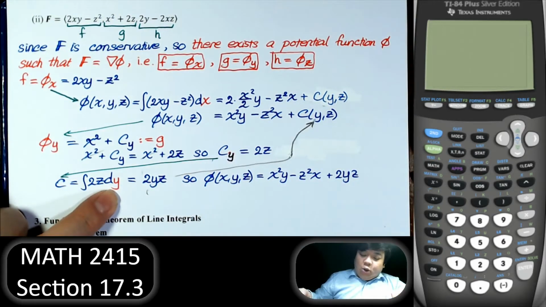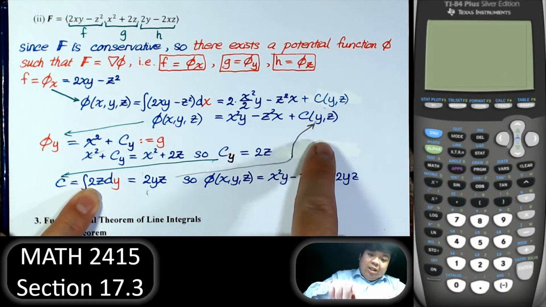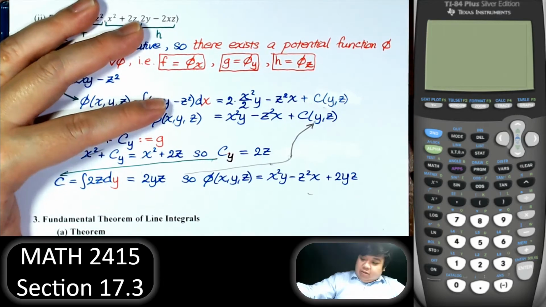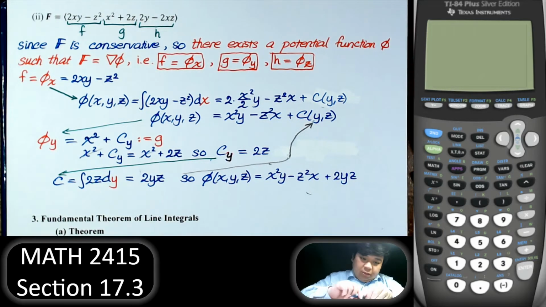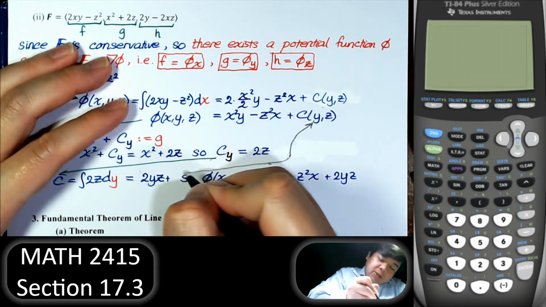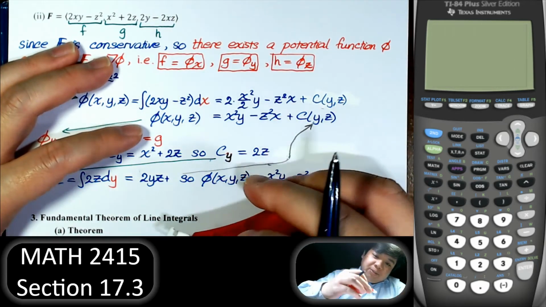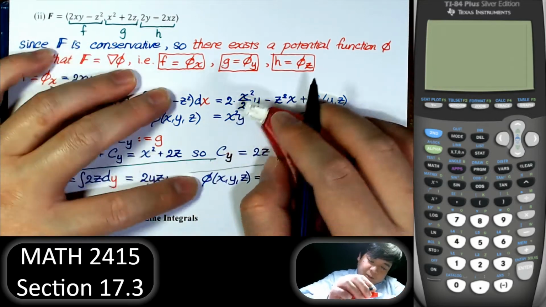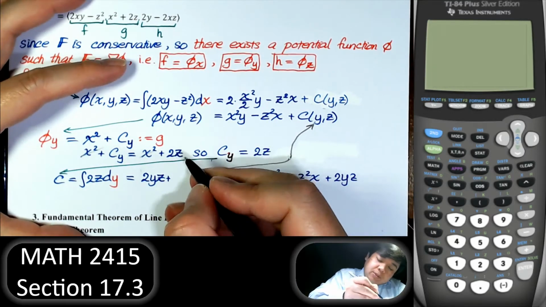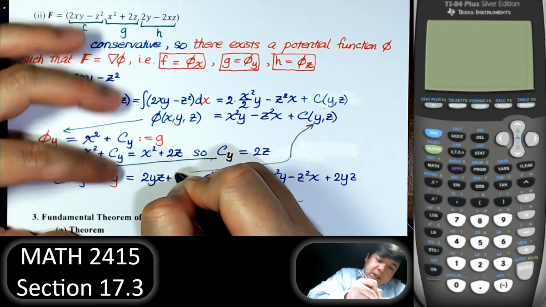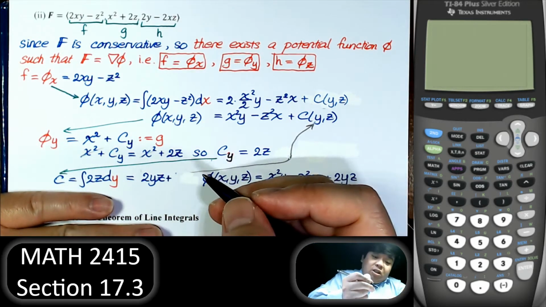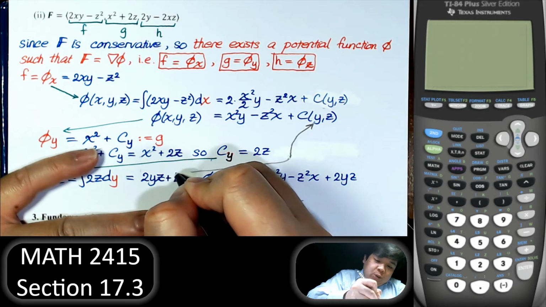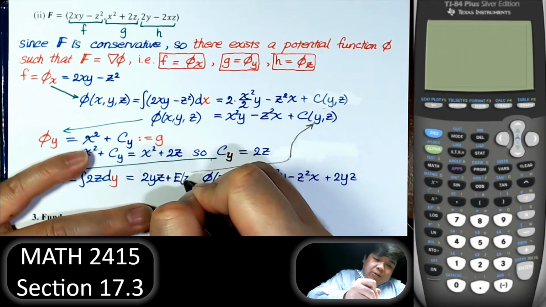We integrate with respect to y, and c is a function of y and z. So certainly we might still have a function of z. We don't want to use d as a constant because d is usually reserved for derivative. So we write that e of z.